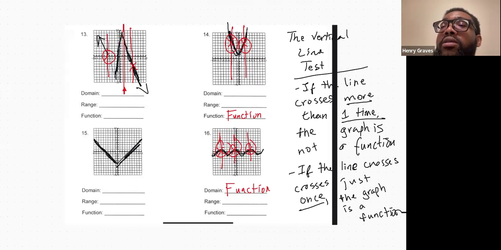Never cross once. All these are functions. Wow. Same thing for this one. This is also a function. They only cross one time. Oops. I'm not going to go over the domain and range of these. Okay.